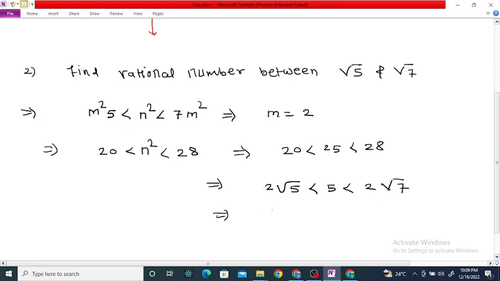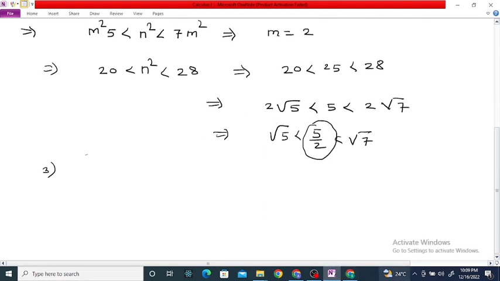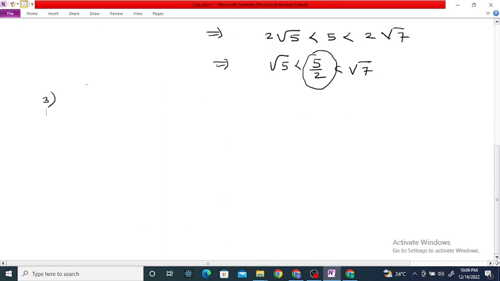If we divide by 2 on both sides, we get √5 < 5/2 < √7. So the rational number which lies between √5 and √7 is 5/2.